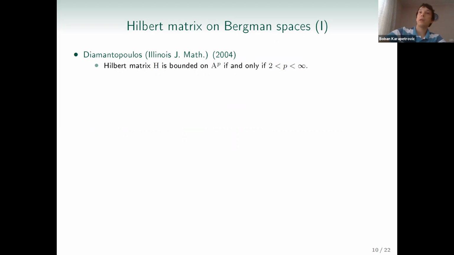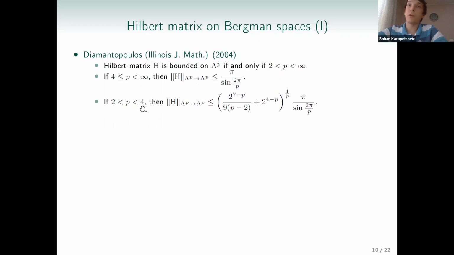And again, by using the second integral representation, he found this upper bound, pi over sine 2 pi over P, in the case when P is greater or equal than 4. He also proposed the conjecture that this upper bound is the norm of the Hilbert matrix on the Bergman space AP. Again, in the remaining case, when P is between 2 and 4, he obtained this less precise upper bound.